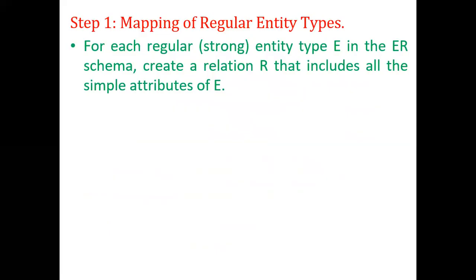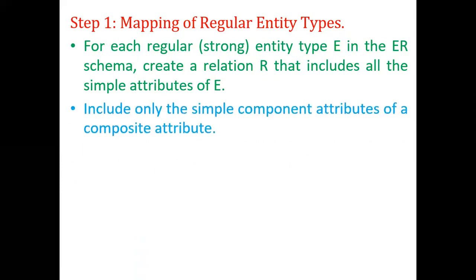For each regular or strong entity type E in the ER schema, we need to create a relation R that includes all simple attributes of E. For example, if I take employee, we need to take all simple attributes of the employee entity and create a new relation with the name employee and include all those simple attributes.